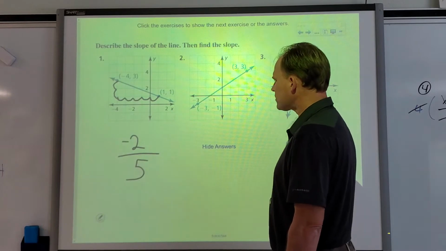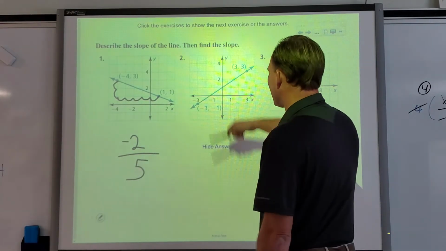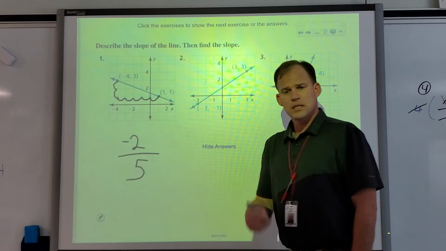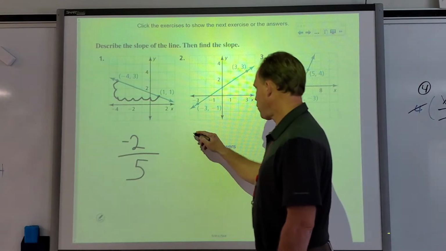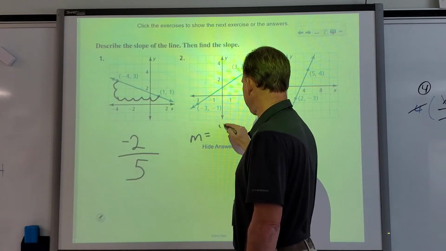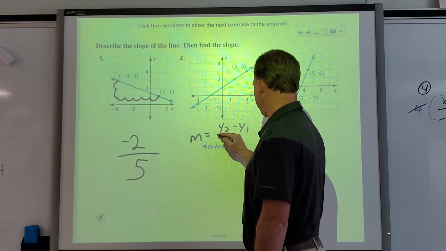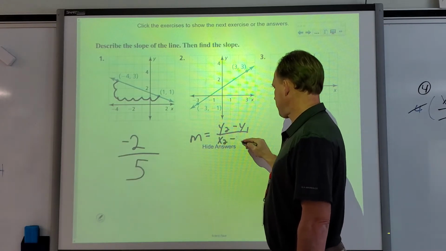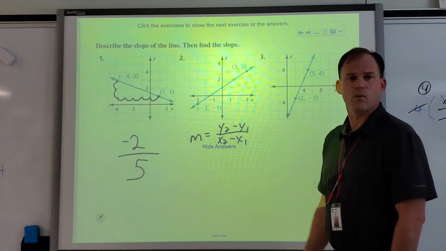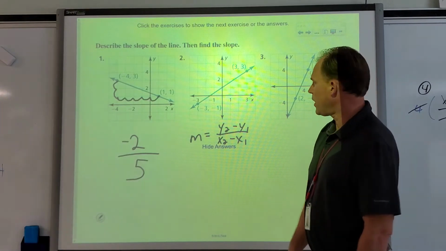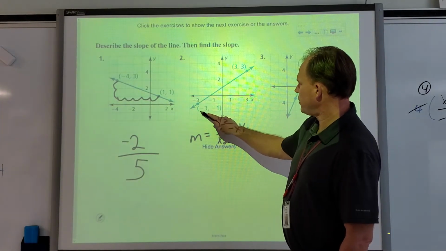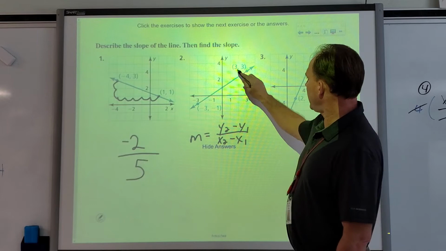Let's say I don't give you a graph. We can count on graphs. That's easy. Let's use the formula here. The formula is y2 minus y1 over x2 minus x1. All right? So I've got the points here, -3, -1, and 3, 3.